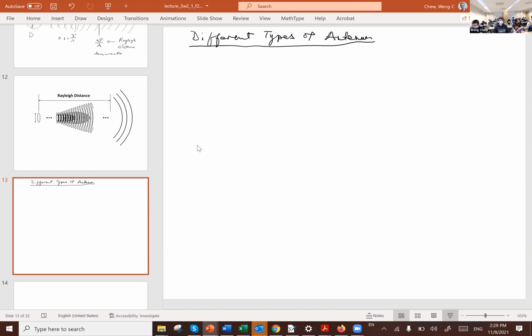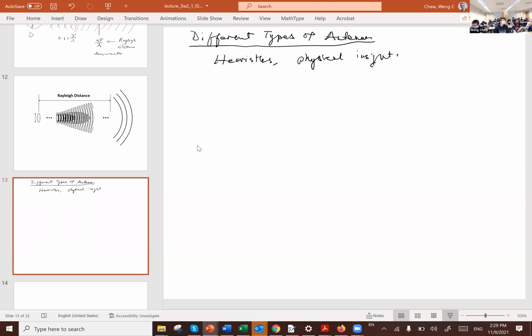You usually have to use a numerical code to analyze antennas of complex structures. So we are going to motivate ourselves with heuristics.